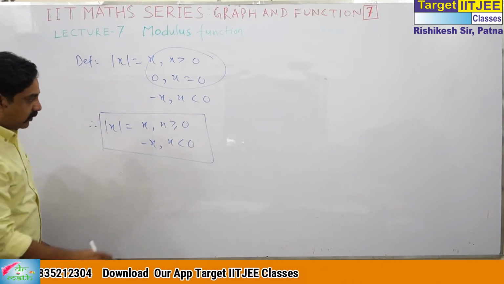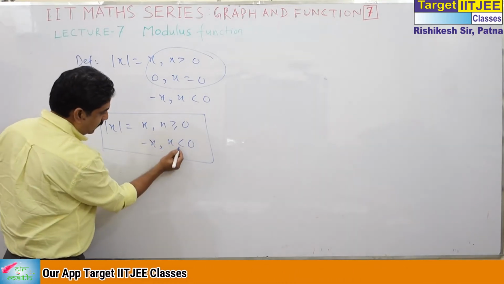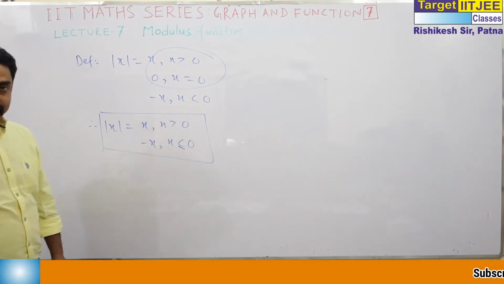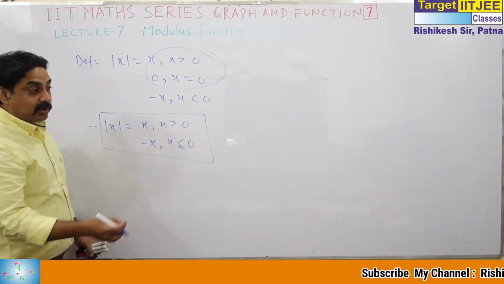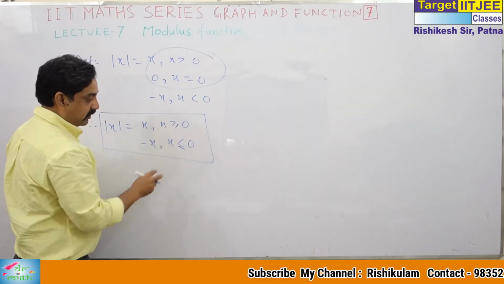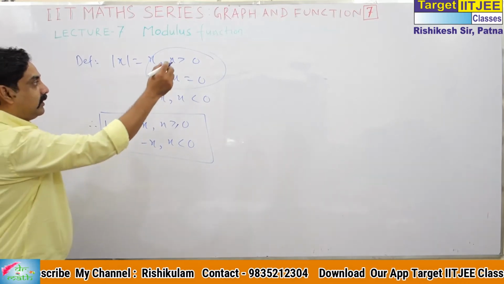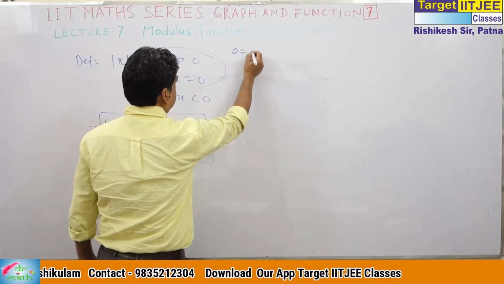If you wish, you can also take equal to here, this is also correct. Normally we do it like this because 0 and minus 0 are the same quantity.